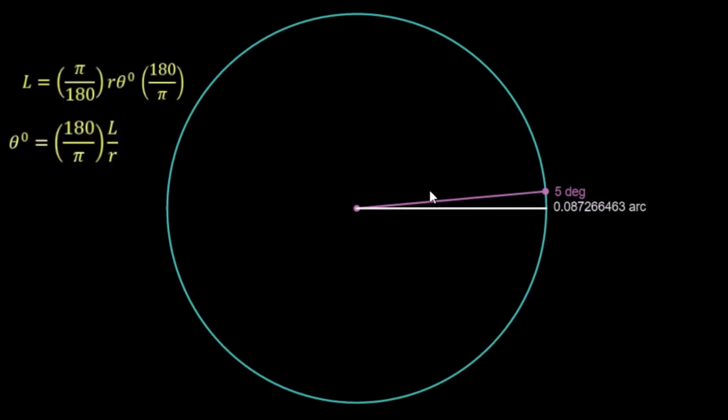So let's rotate this angle round to the 57.29577, and we'll watch and see what happens to the arc length. As this rotates round, the arc length here is increasing, and you can see as it tends towards 57 degrees, this arc length is tending towards a value of 1.